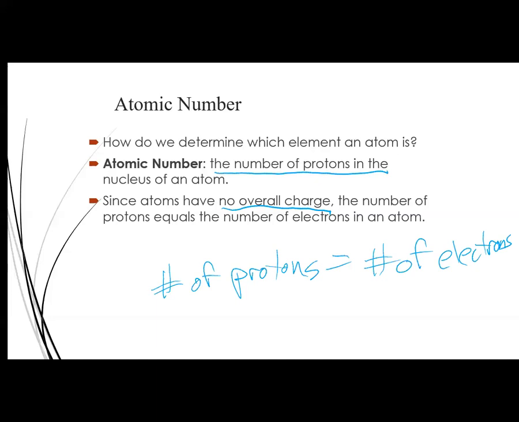If it doesn't, then we would have something called an ion. An ion is an atom with charge. It could be positively charged or negatively charged, because our protons and our electrons are not equal to each other. But for now, we're just going to deal with atoms that are neutral.